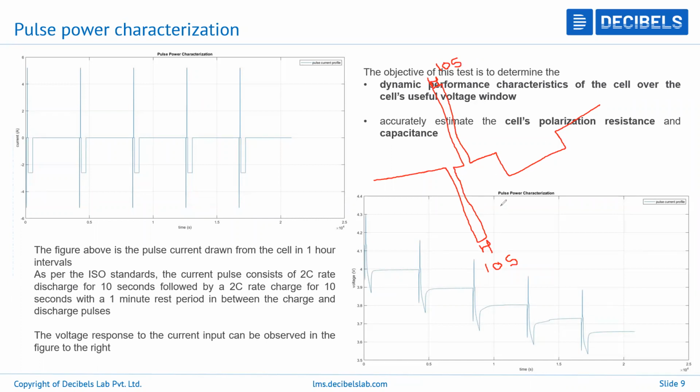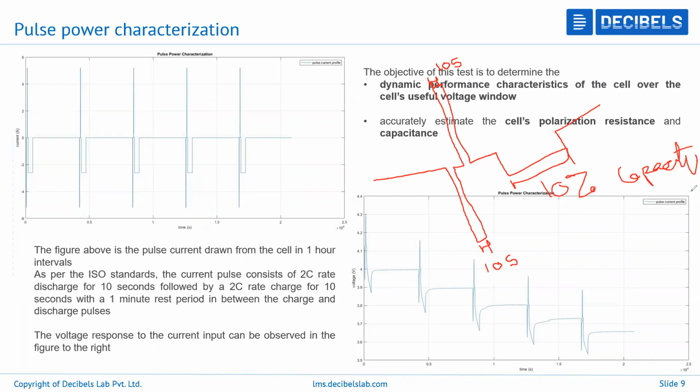And following this pulse, there is another discharge pulse, which is meant to remove 10% of the capacity of the cell. So 10% capacity or 10% charge.